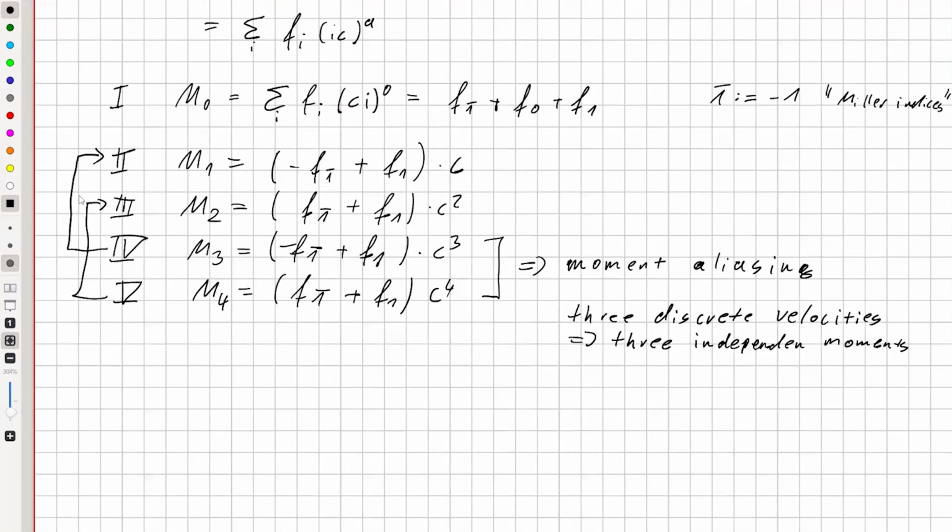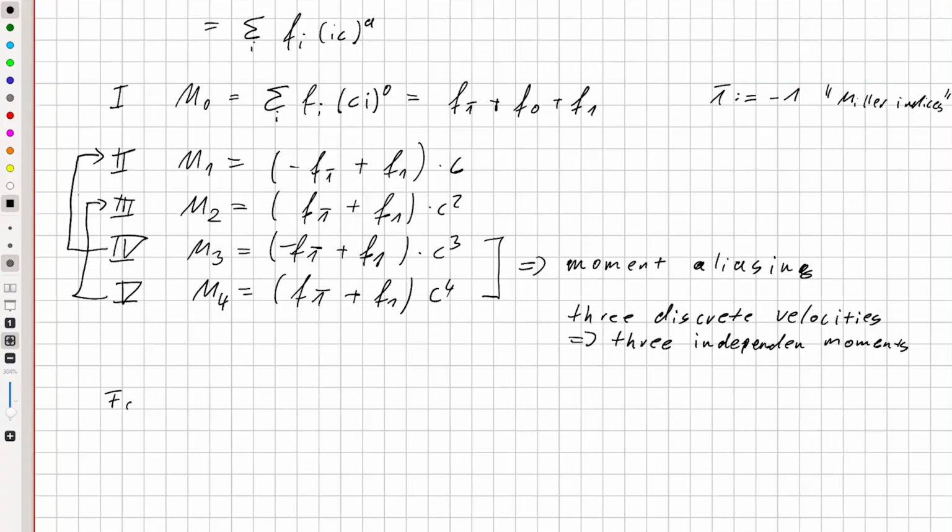So now we have a problem. My idea to use 3 velocities just to get to the third order moment was not successful, because we ended up with the second order moment as the last one that is independent.